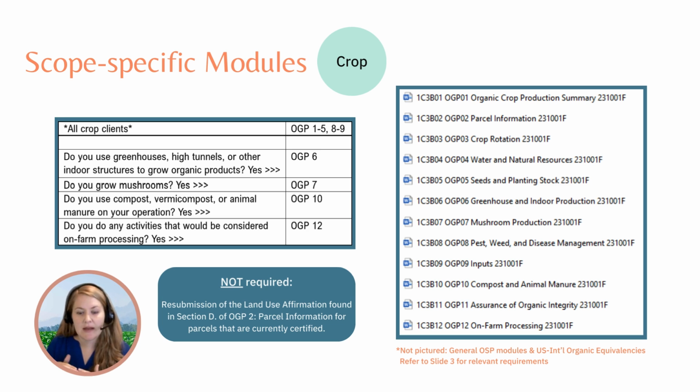On the right side is a screenshot of all of the modules inside the zip folder of the OSP regarding the crop scope. Note that not pictured are the general OSP modules, which are required for every operation to complete, as well as the U.S. International Organic Equivalencies, and you can refer to slide 3 for those relevant requirements. What's not required for crop scope is resubmission of the land use affirmation for parcels that are currently certified.